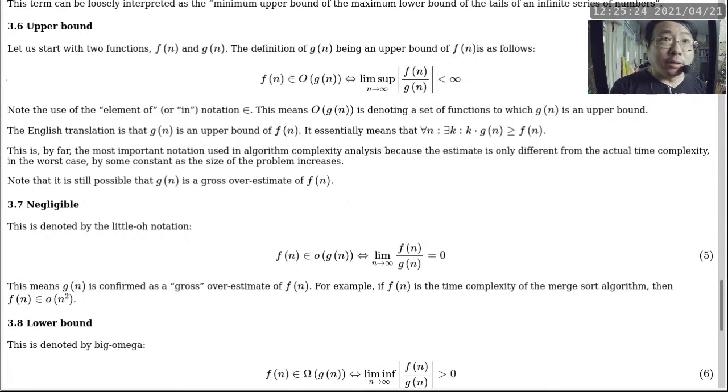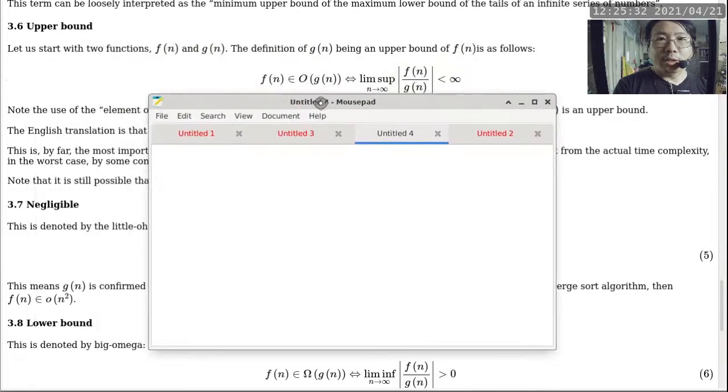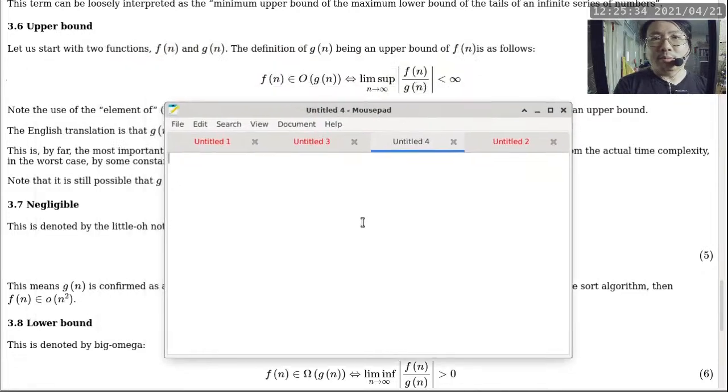I'm just looking around to find my notepad. Alright, there we go, and we are going to start a new tab. Now we're going to define some function for f and some function for g, and then see what happens with the limit superior as n approaches infinity.